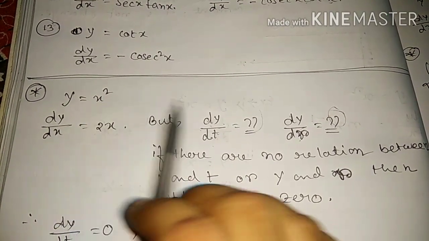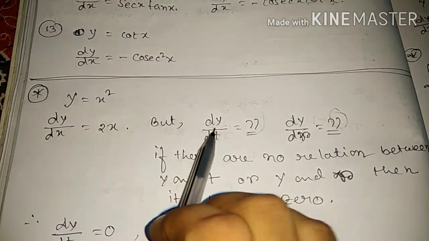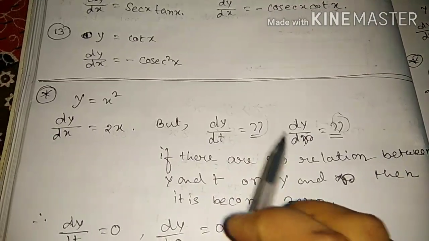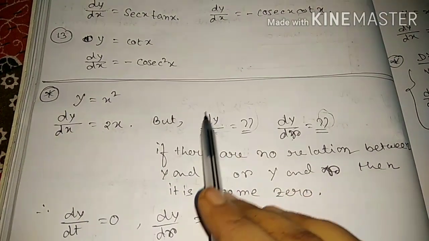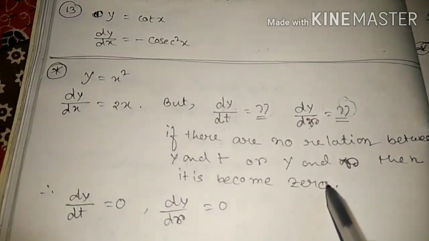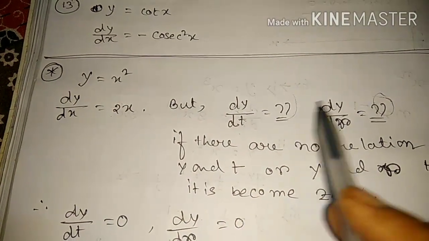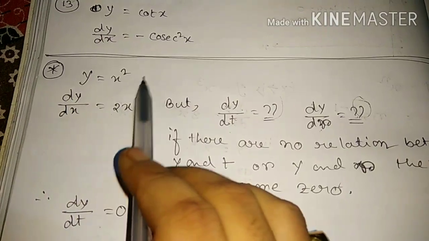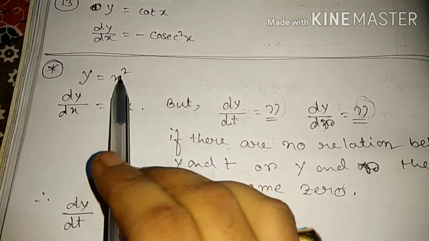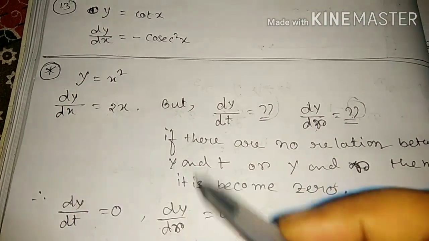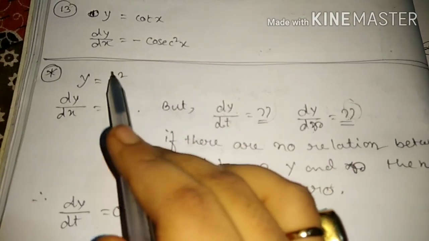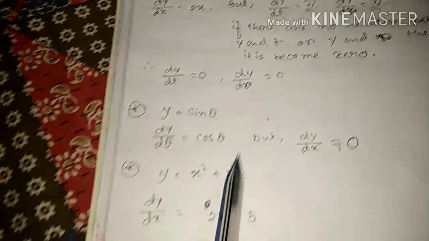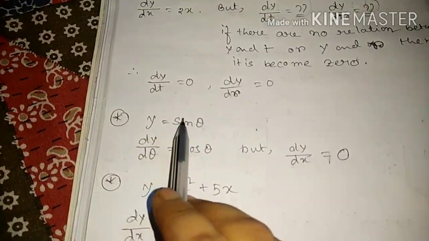So if there is no relation between y and t or y and r, then the differentiation of that quantity becomes 0. So dy by dt equals 0, dy by dr also equals 0. Clear?